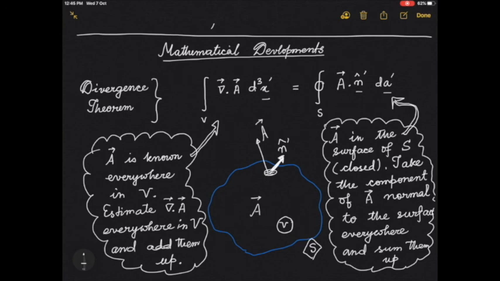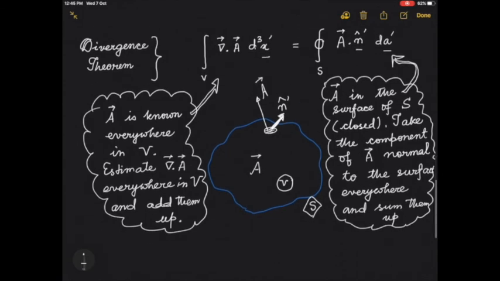Is it not very interesting? Because for the left hand side you require a lot of work, for the right hand side you do less work to get the same information. So it's kind of a mathematical trick. But this is just to remind you of the divergence theorem, which we will use shortly.